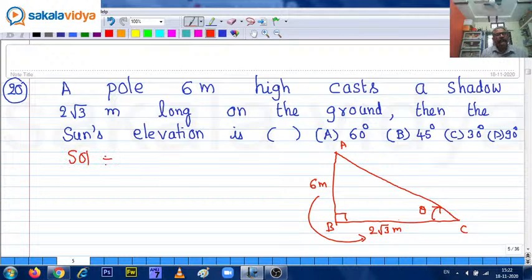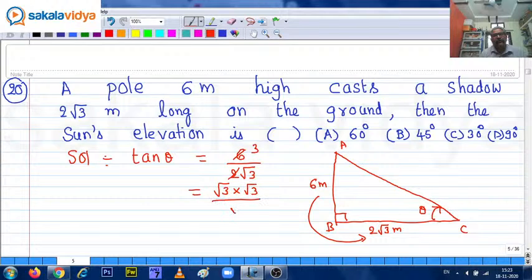Solution: tan theta is equal to 6 by 2 root 3. In the numerator, 3 can be written as root 3 into root 3 upon root 3. Root 3 gets cancelled. We have root 3. So that means tan theta is equal to tan 60 degrees. Obviously theta will be 60 degrees.